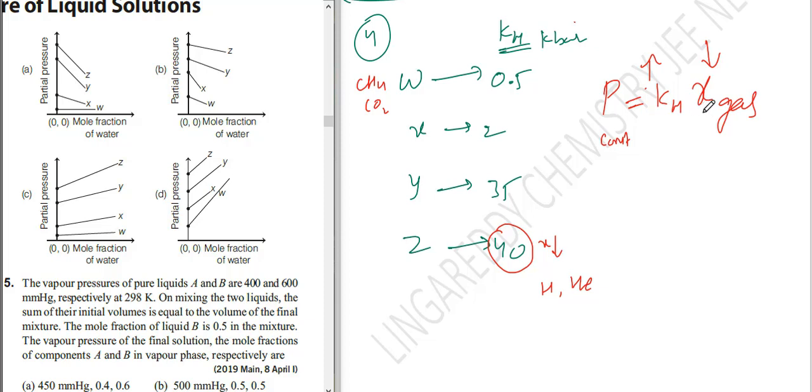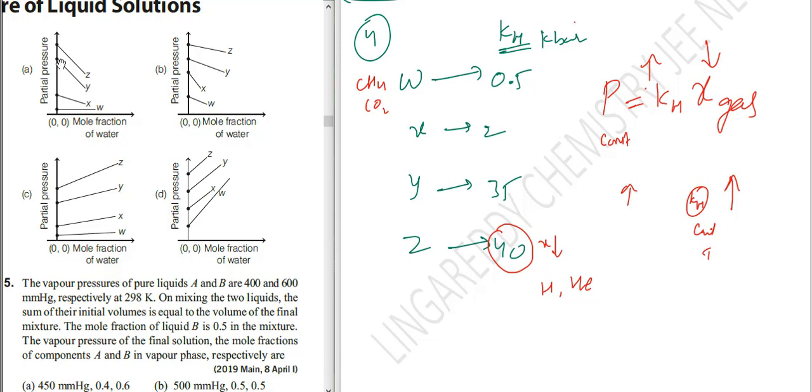We know here the mole fraction of gas. When P is increasing, X also will increase for the same gas. Kh is a constant at constant temperature. T is constant. If Kh is constant for the same gas, when P is increasing, X will increase.